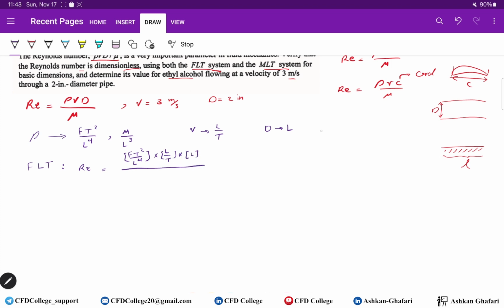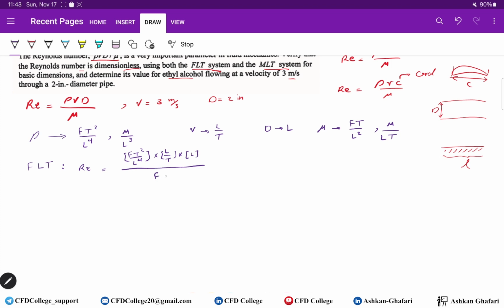Oh, I forgot to mention the viscosity. The dimension of viscosity is F T over L squared in the FLT system, and M over LT in the MLT system.